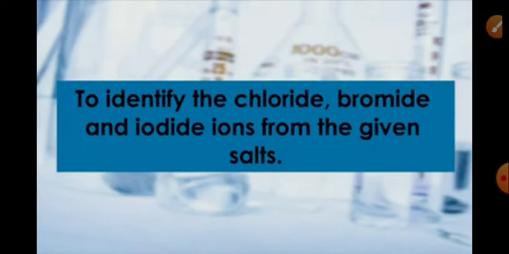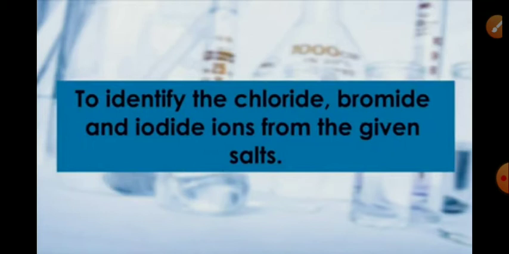In beaker B we will make potassium bromide solution. In beaker C we will make potassium iodide solution. So let us prepare the water solution of these compounds in different beakers. And in one beaker we will keep the silver nitrate, which I already told you to take.